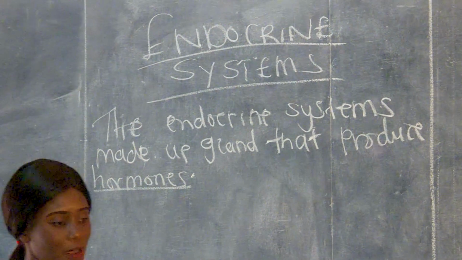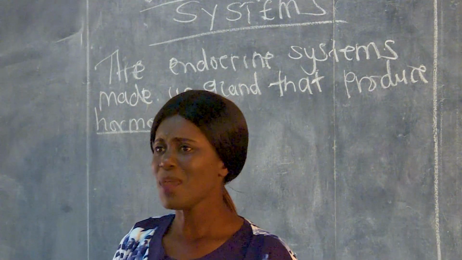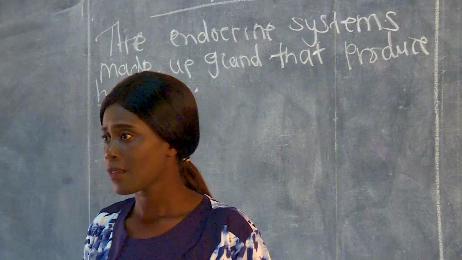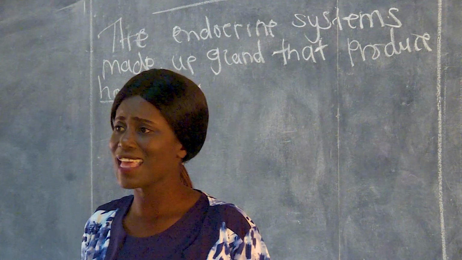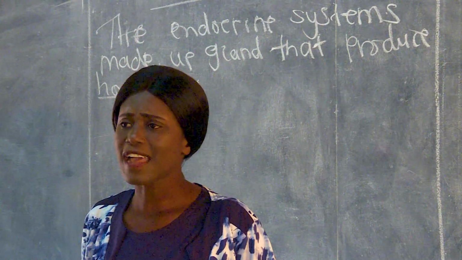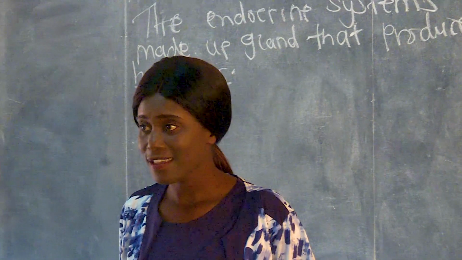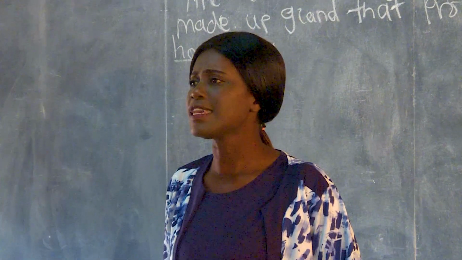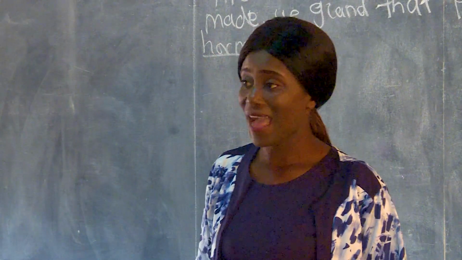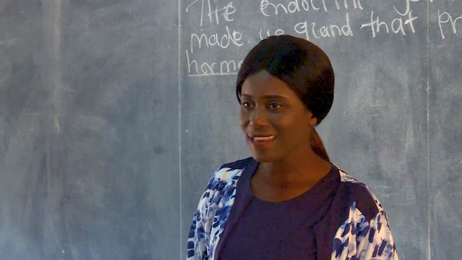Alright, most of you I'm sure are wondering, what are hormones? Maybe some of you have never heard of the word hormone. So just to simplify things here, hormones are simply proteins. Do you know that your body is made up of proteins? Yes. So hormones are simply proteins that are secreted by glands, transported by blood.